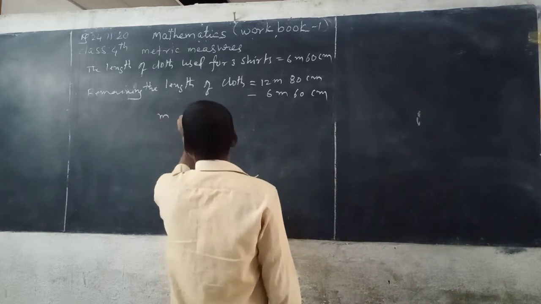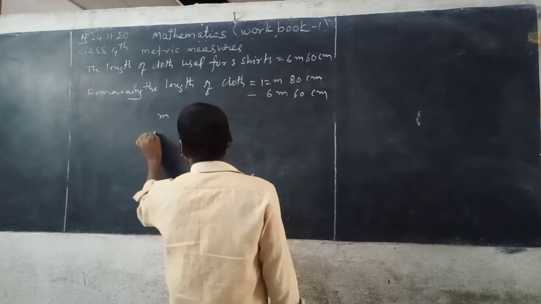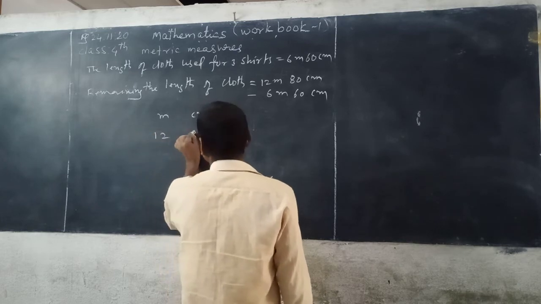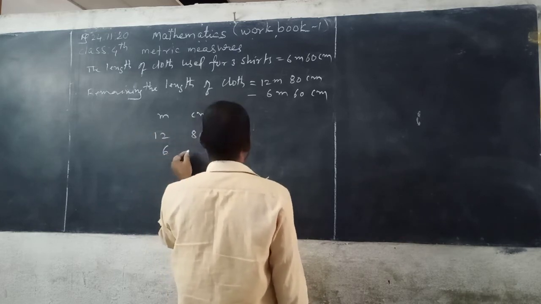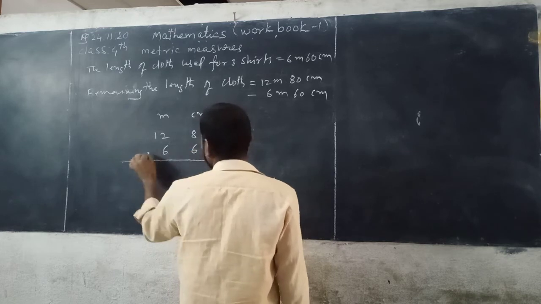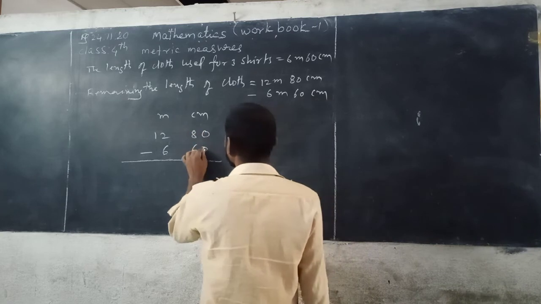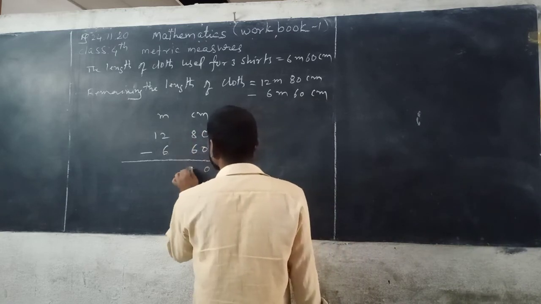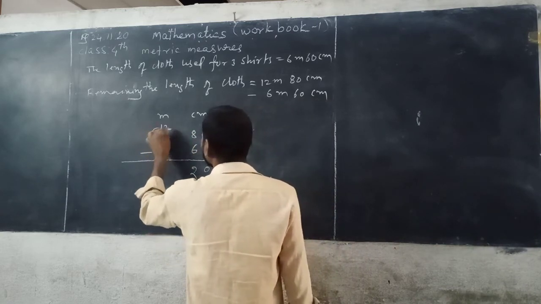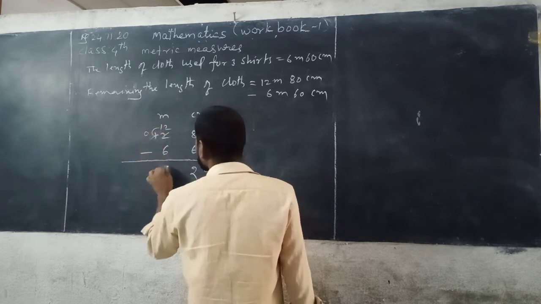So here write meter, centimeter: 12 meter 80 centimeter, 6 meter 60 centimeter. Then you can do subtraction. See here, 0 minus 0, 0. 8 minus 6, 2. 12 minus 6, we can get 6.